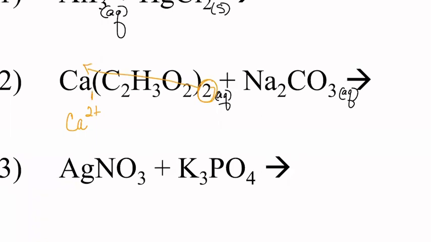Then there's a 1 right here in calcium, which is the charge for acetate, C2H3O2 -1. Okay. Put a 1 in the chat if breaking calcium acetate into ions makes sense.